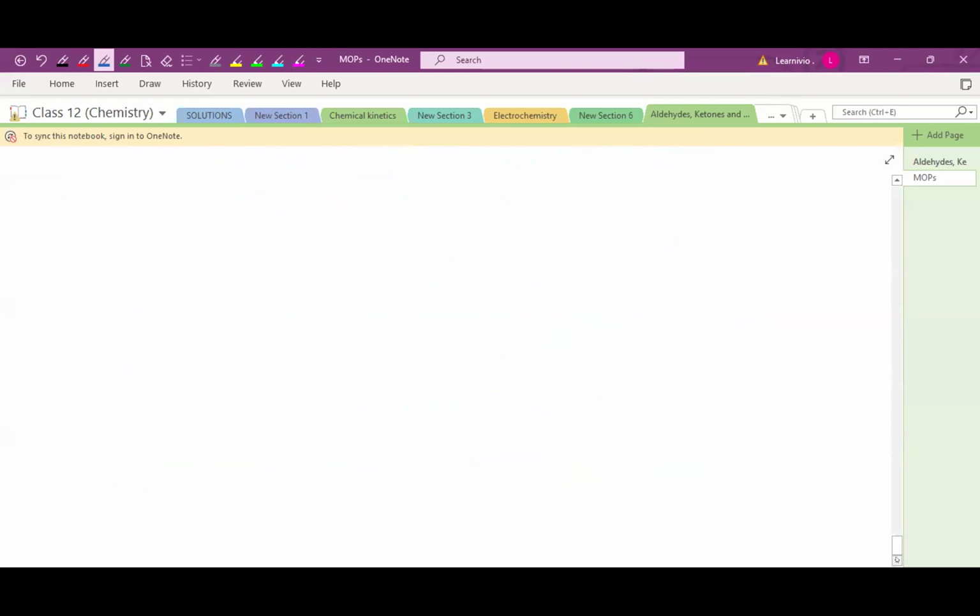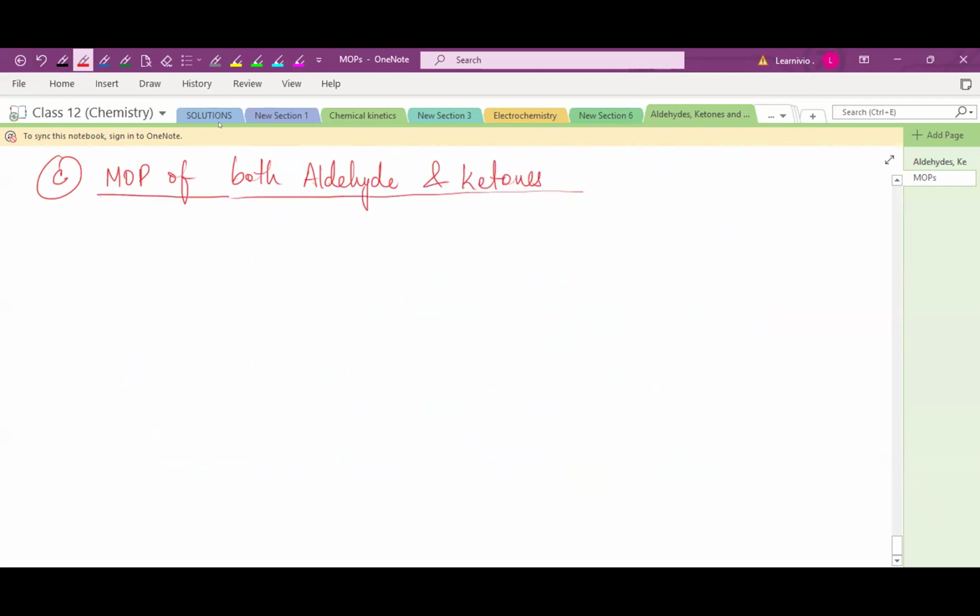Now, next reaction. Okay, so we have completed the methods of preparation of ketones only. Now the miscellaneous preparation, the method of preparation of both, that reaction by which we can prepare both aldehydes and ketones, which is for the preparation of aldehydes as well as for the ketones.